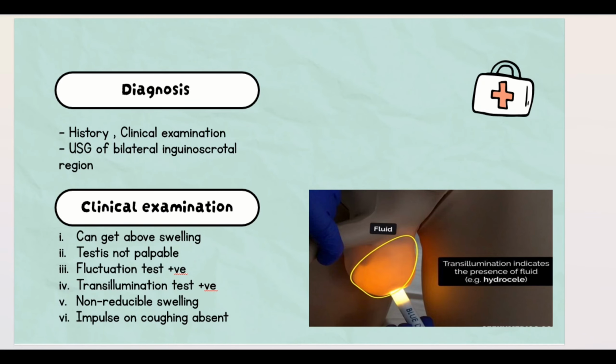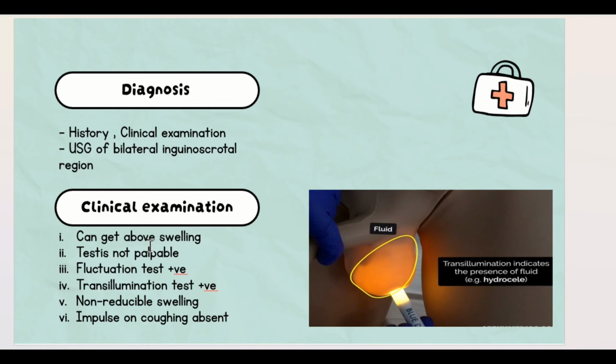How to diagnose hydrocele? Basically, it is a clinical diagnosis. We have to diagnose from history and clinical examination. Ultrasound of bilateral inguinoscrotal region is also done to rule out other traumatic conditions or any testicular tumor. Some of the important clinical findings I have mentioned here.